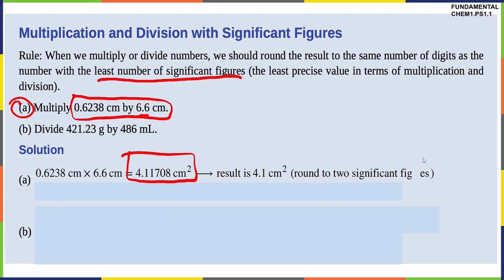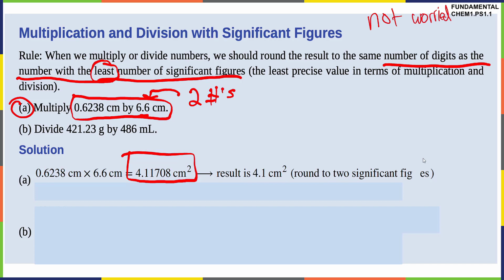You get 4.11708. But the problem is your final answer can only have the same number of significant figures as the original number with the smallest numbers. Again, you're not worrying about to the right of the decimal. You're just worried about the overall original smallest number, which we said was 6.6. And 6.6 is 2 numbers. Not worried about numbers right of the decimal.